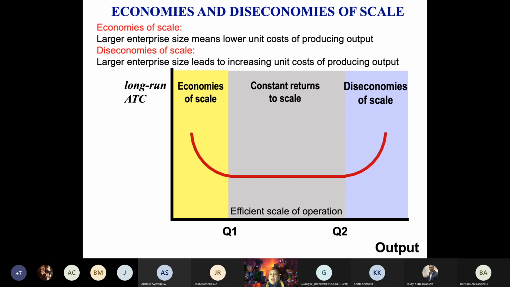So this is the area of constant returns to scale, and in between output 1 and output 2 is the efficient scale of operation. So in fact, any of the output on this scale is efficient scale where your costs are minimized. And if you grow too large, then diseconomies of scale can set in.